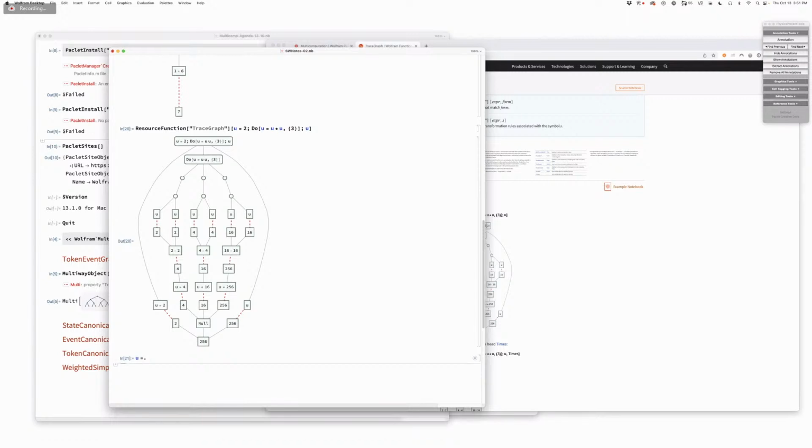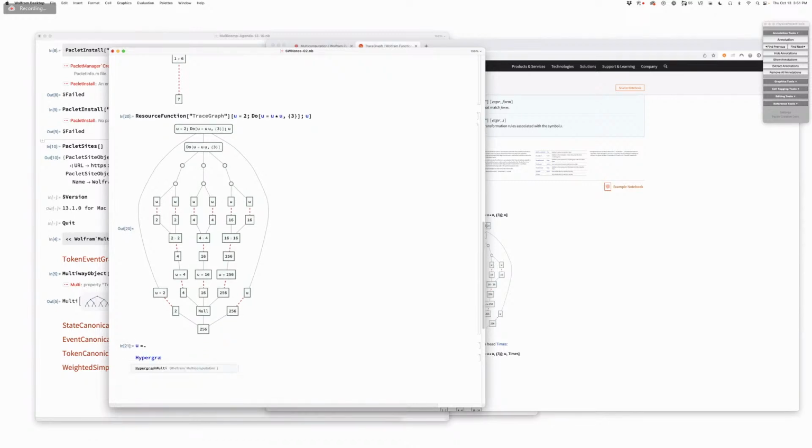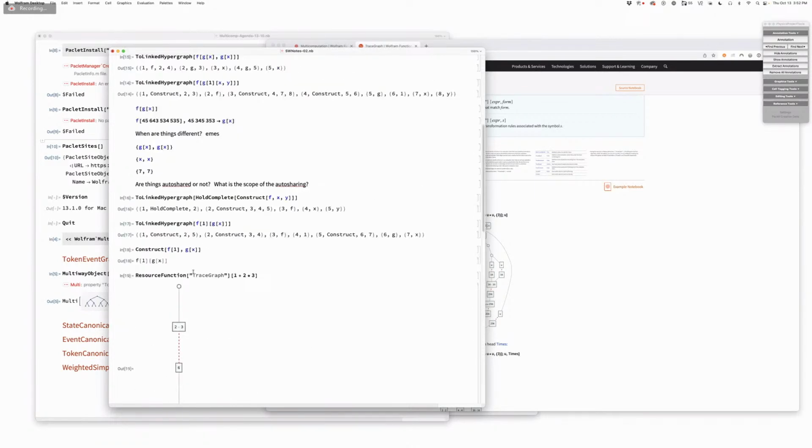If we have a standard array type list and we're mapping the same operation across that list, all those different list elements could be in different processors with different memory, and we can be operating on them separately. Whereas if we compile that, hypergraph to linked hypergraph.